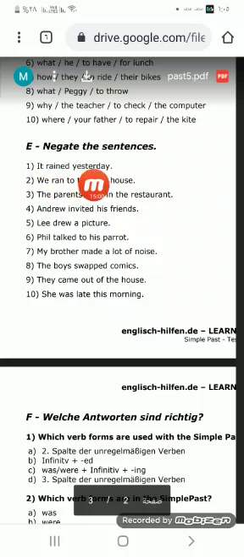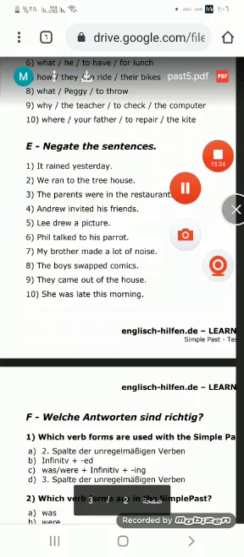It didn't rain yesterday. Look at number 2. We ran to the tree house. So, the negative will be we didn't run. Change ran into run because ran here is in the past simple. It is an irregular verb. We didn't run to the tree house. You understand now?